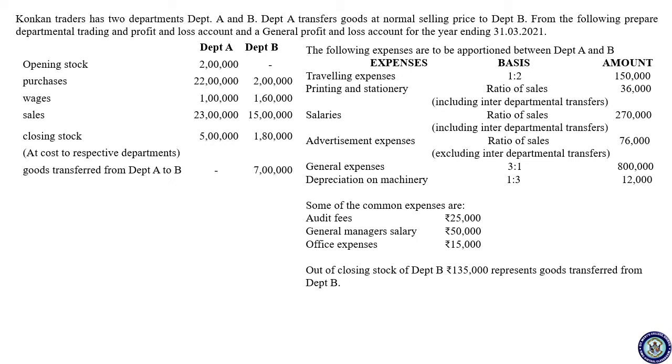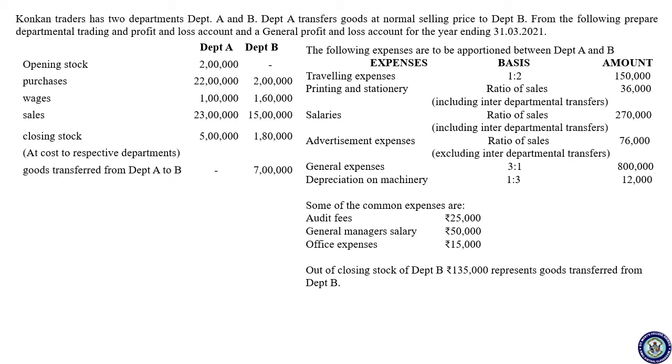Next, out of closing stock of department B, see that closing stock of department B is 1,80,000. Rupees 1,35,000 represents the goods transferred from department A. It is interdepartmental transfer.